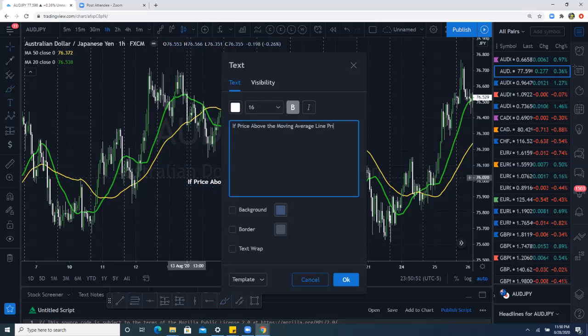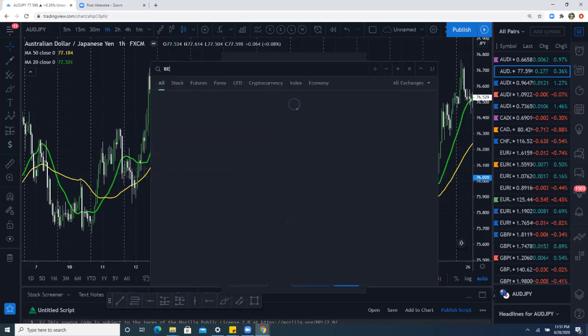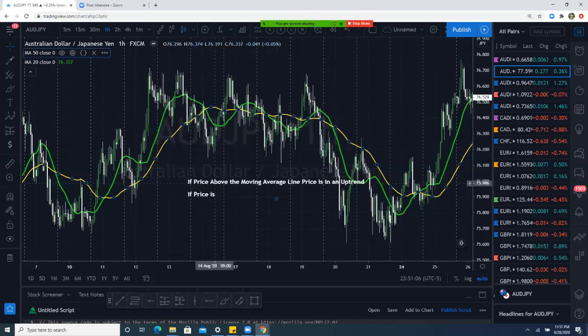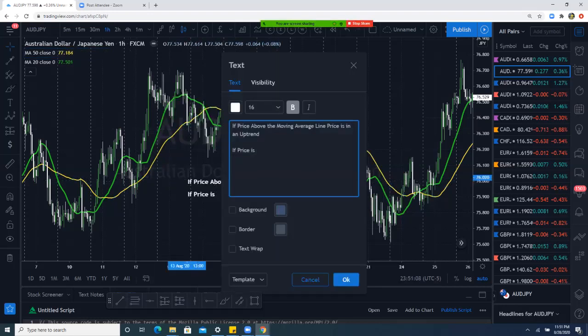Price is in the uptrend. If price is below the moving average, it's a downtrend.